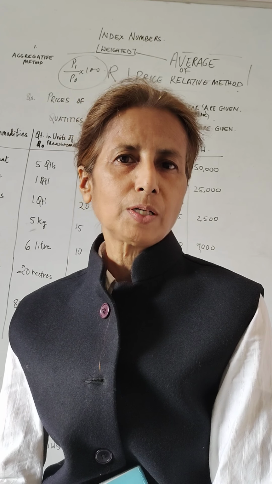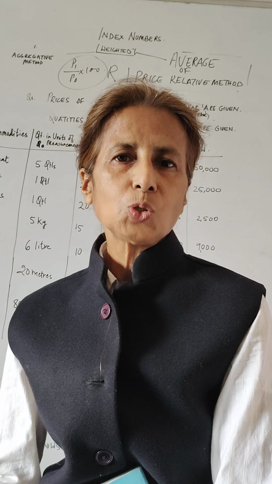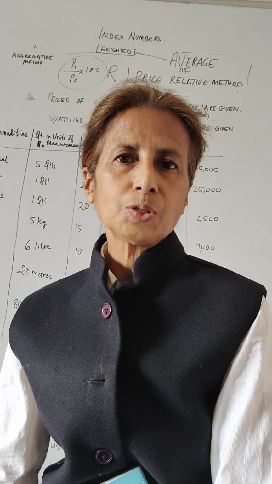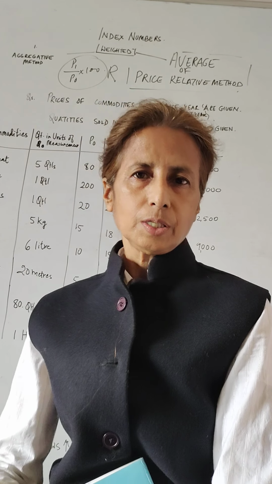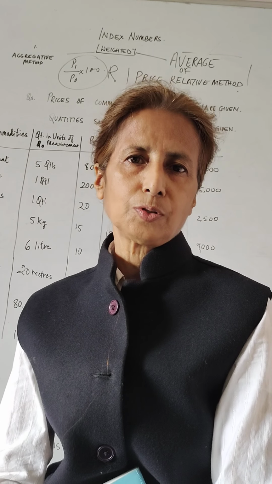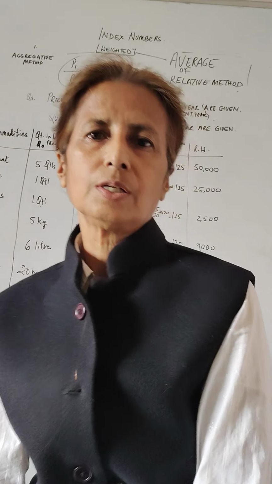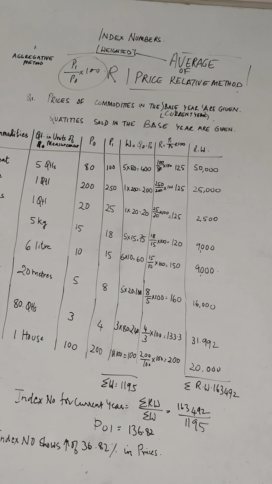I finished one numerical of that, but just to reinforce that, because I'm going to do another one in this class. In the last class we did one of the numericals based on that.